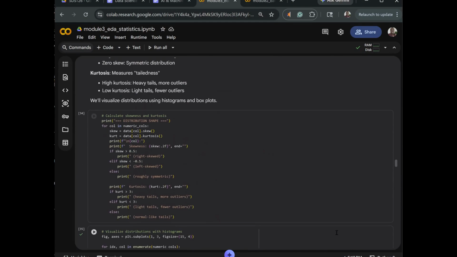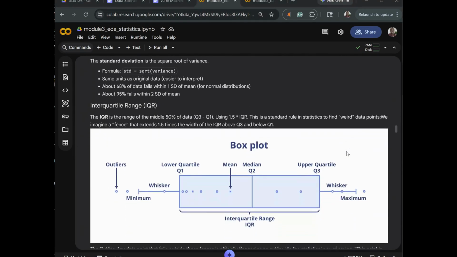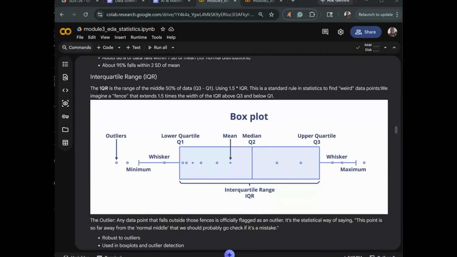The IQR is the range of the middle 50% of the data, from Q1 to Q3, with Q1, Q2, Q3 around this region. Using 1.5 times IQR is another standard rule in statistics to find unusual data points.